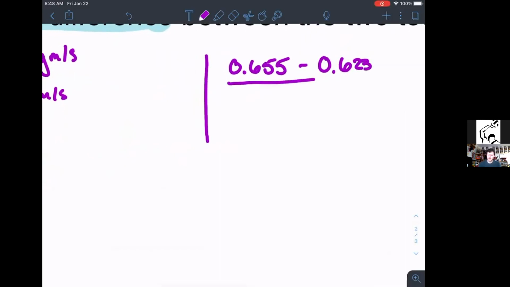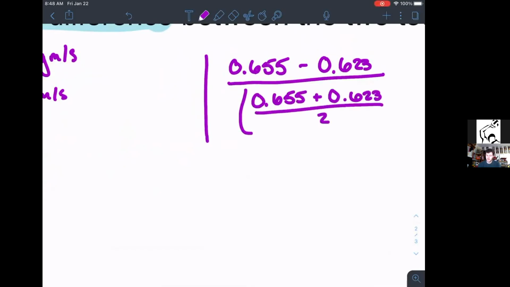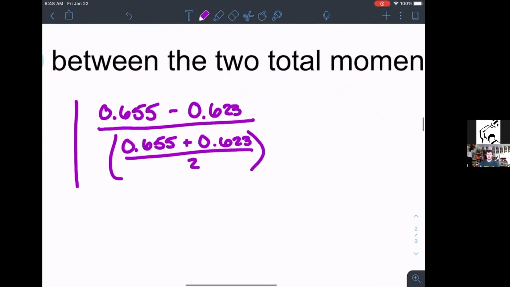And then we're going to divide it by the average, or 0.655 plus 0.623 divided by 2. And then we need to multiply this whole thing by 100.